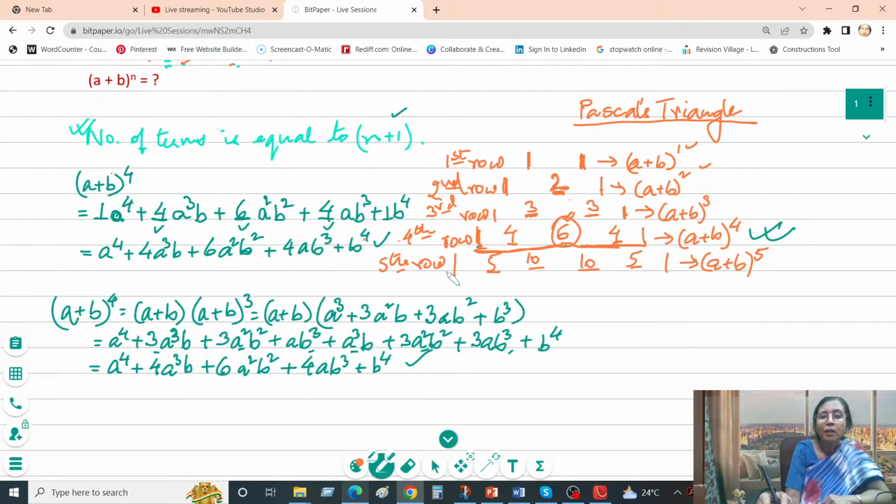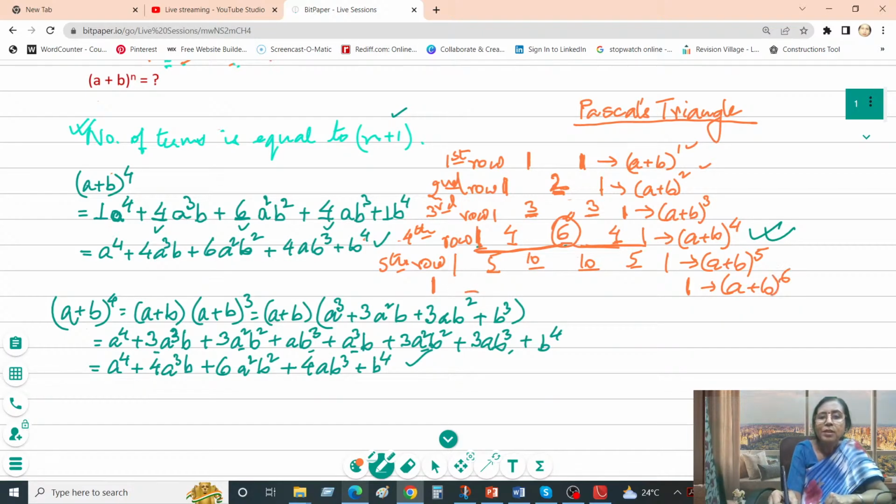Okay. Maybe you will be seeing this symmetry better. It will be more obvious to you if I take a plus b to the power of 6 as well.